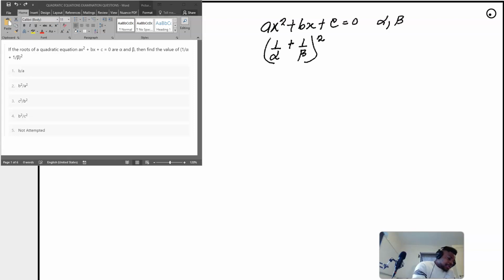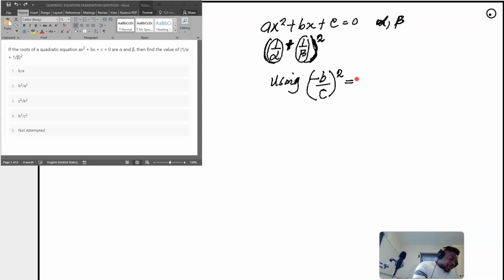Remember, I told you, if alpha and beta are the roots of the equation and you're asked to find the sum of the reciprocals, the reciprocal of alpha and the reciprocal of beta, we can use minus b over c. But now, because everything is squared, I'll just put this in square.